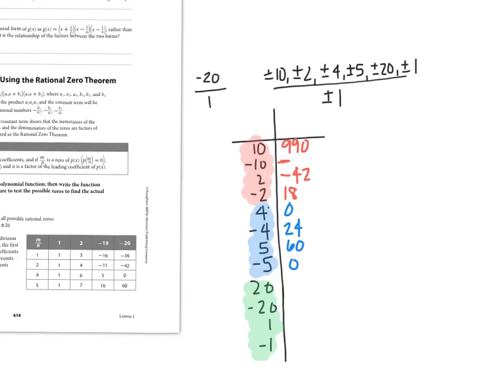For 20, what'd y'all come up with? 840? Okay, what about negative 20? Okay, what about 1?